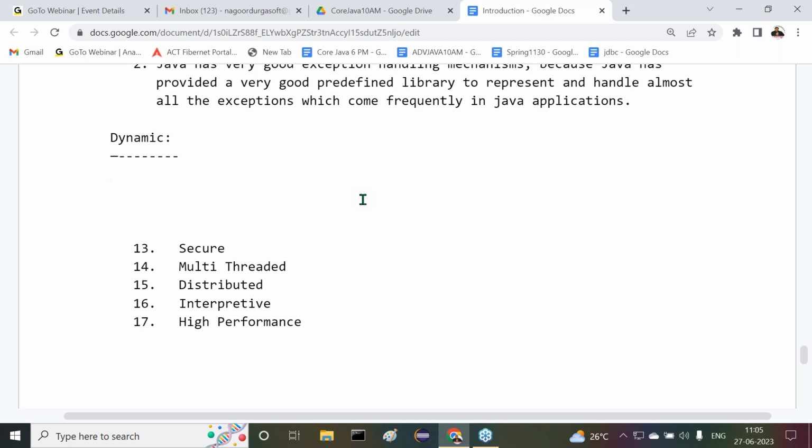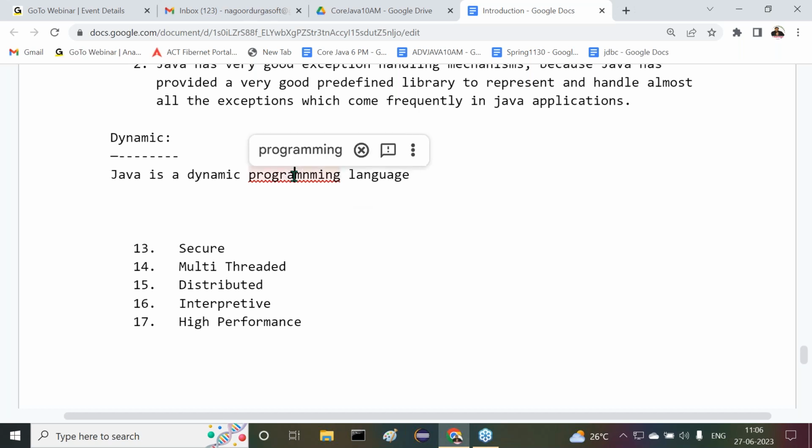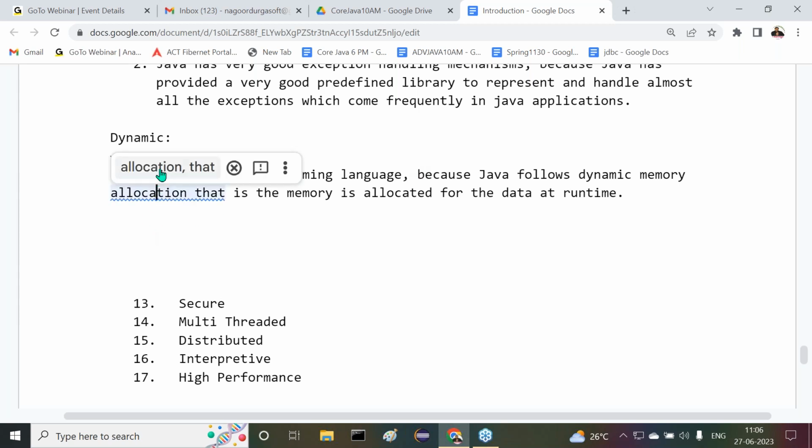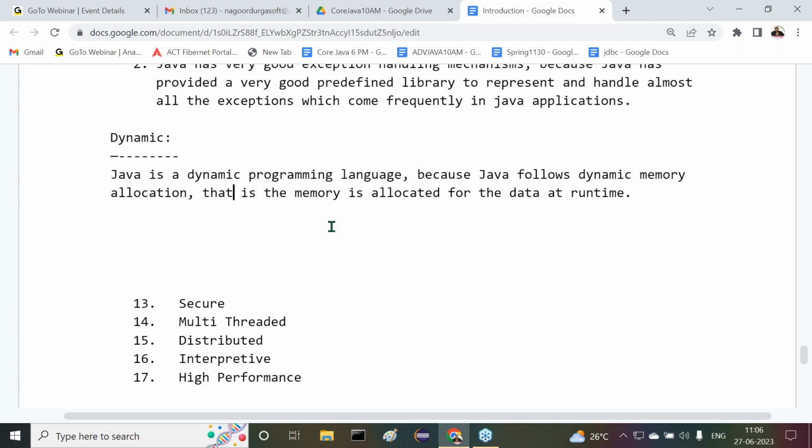Now the point here, Java is a dynamic programming language. Why? Because Java follows dynamic memory allocation. That is, the memory is allocated for the data at the runtime of our application. So because of that reason, Java is a dynamic programming language. Not more than this.